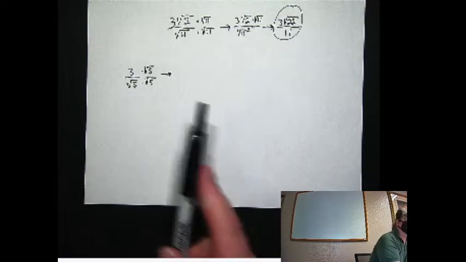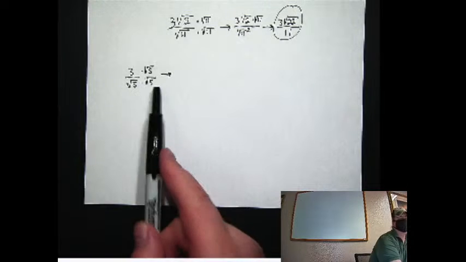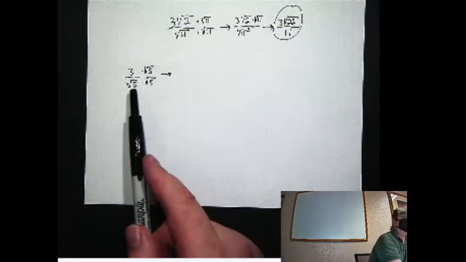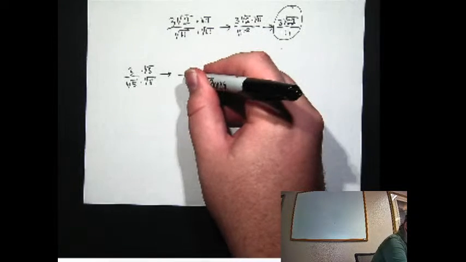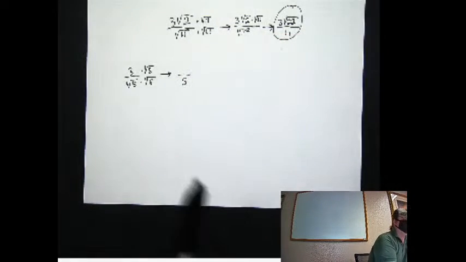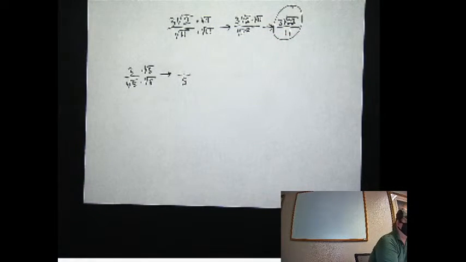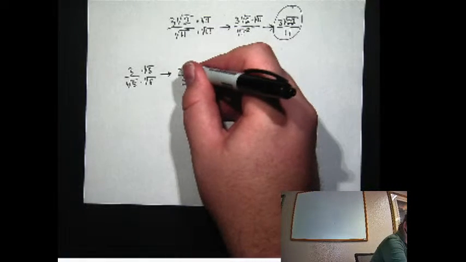Yeah, you're both right. The roots cancel and we're just left with 5. And then what do we have on top now? 3 square roots of 5. Good.